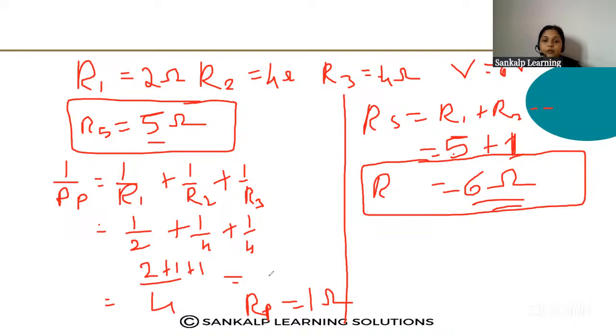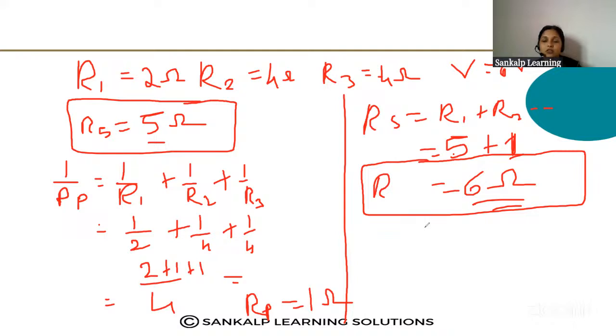First we have to find the resistance of the parallel resistors, then add the resistor connected in series. So when we add this, we will get the total resistance, 6 ohm.